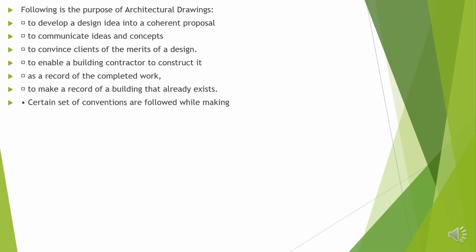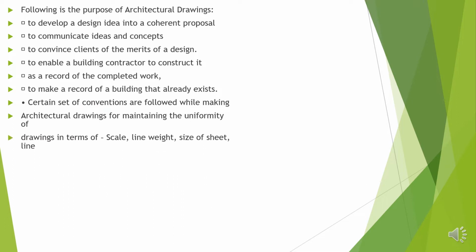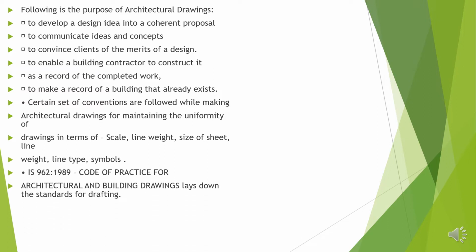Certain sets of conventions are followed while making the drawing. Architectural drawings maintain a uniformity of scale, line, weight, size, etc. For further details, you can refer to IS 962:1989, Code of Practice for Architectural and Building Drawings.